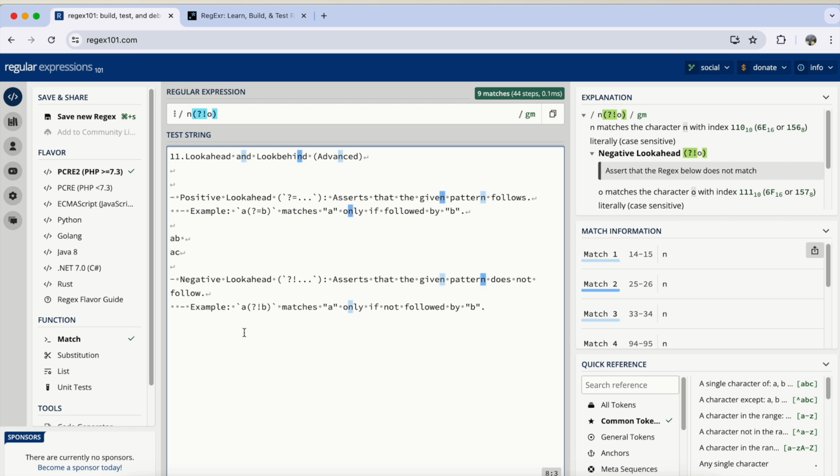Now let us discuss look behind. Now let us discuss the positive look behind. For positive look behind, we will use this sign: question mark less than or equal to. It asserts that the given pattern precedes.